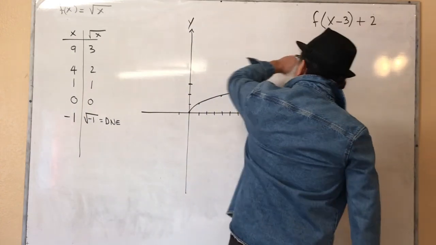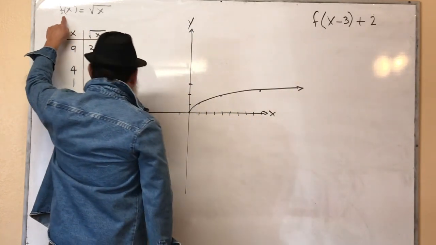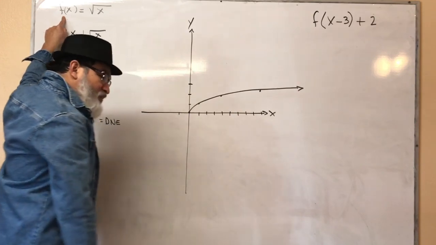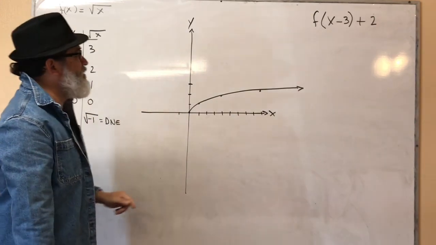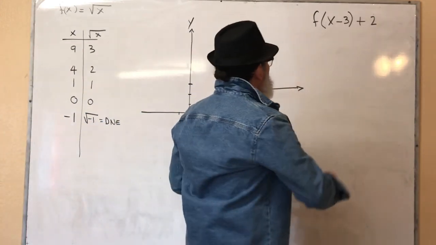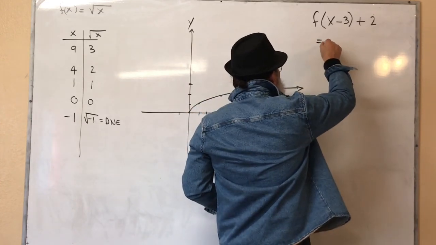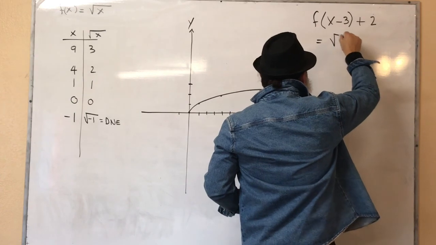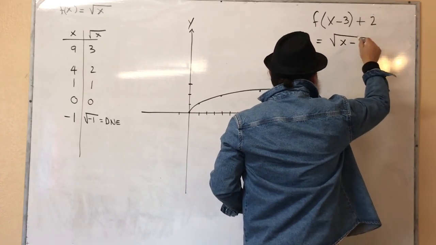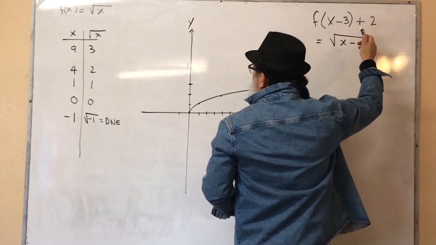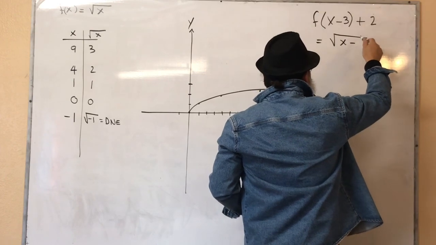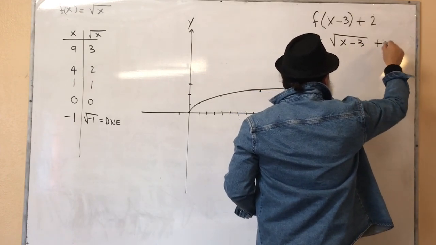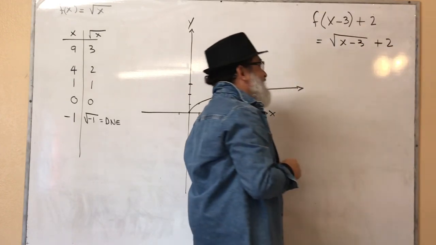This f refers to this, okay? We're talking about this one. If you were given the equation, it would look like this: the square root of x minus 3 plus 2. That's what it would look like.